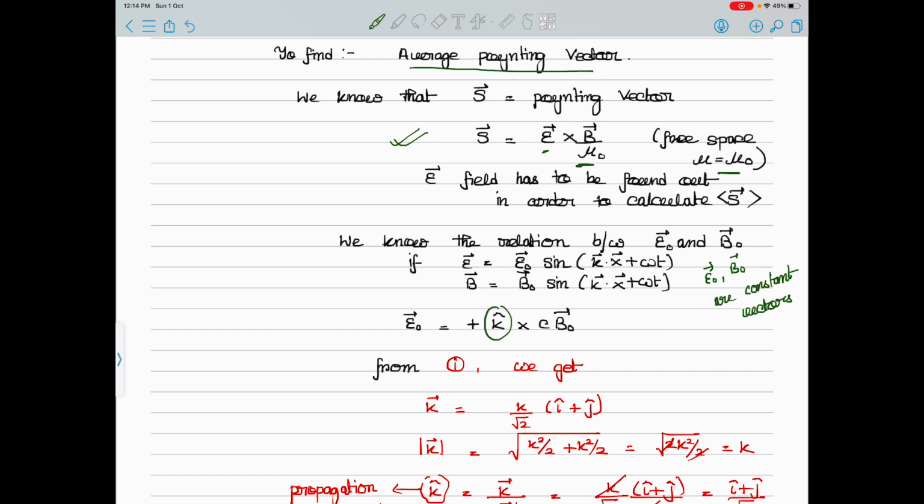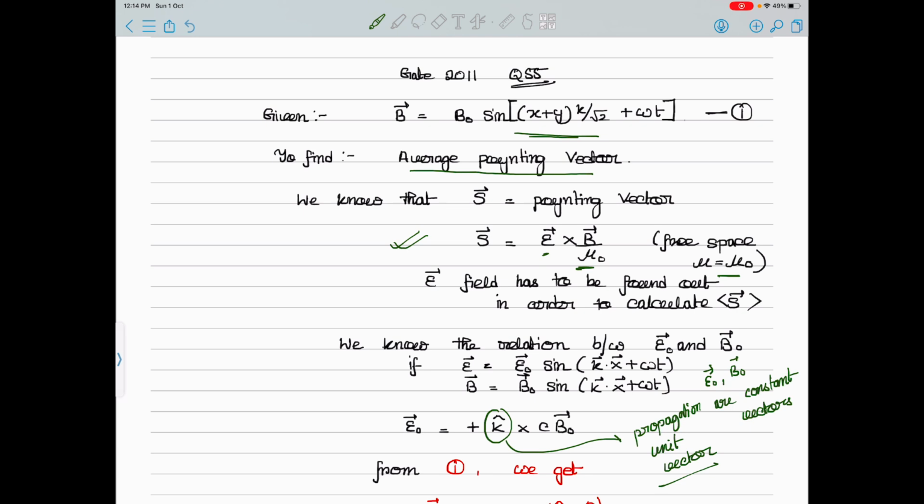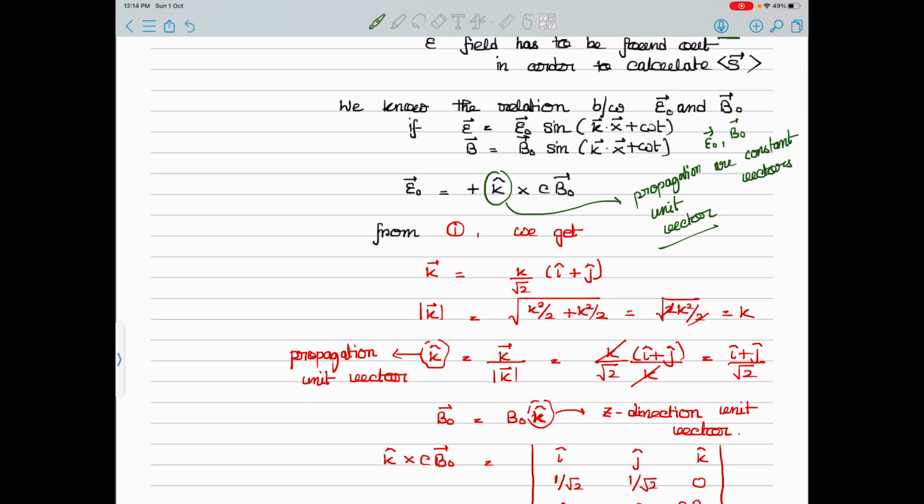This k cap is nothing but the propagation unit vector. It has nothing to do with the z direction unit vector, that is k cap. So it has nothing to do with this k cap. This is the propagation unit vector.